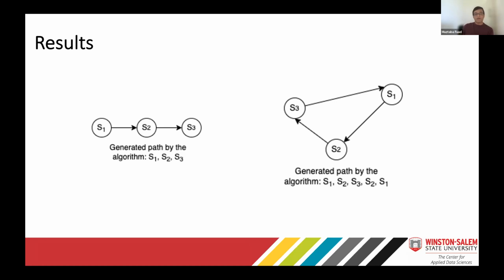As you can see, on the left, the person was walking from stationary device 1 to 2 and then to 3, and the algorithm successfully showed that. On the second one, the person moved from S1 to S2, to S3, and then back to S1. The algorithm showed S1 to S2 to S3, and then S2 and S1. For obvious reasons, we already figured out why that is.